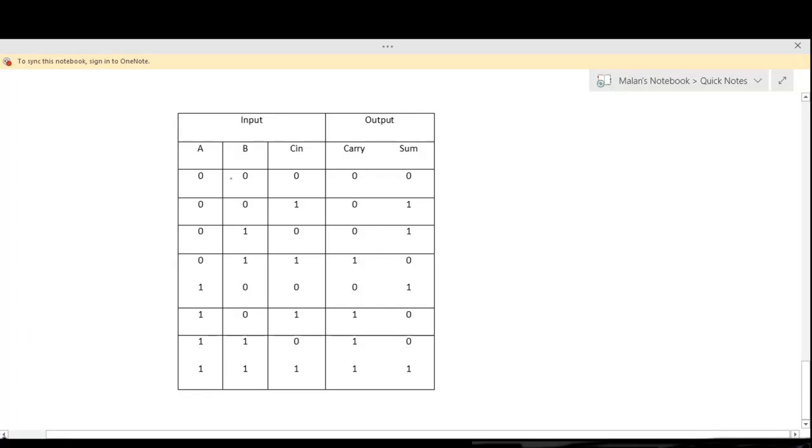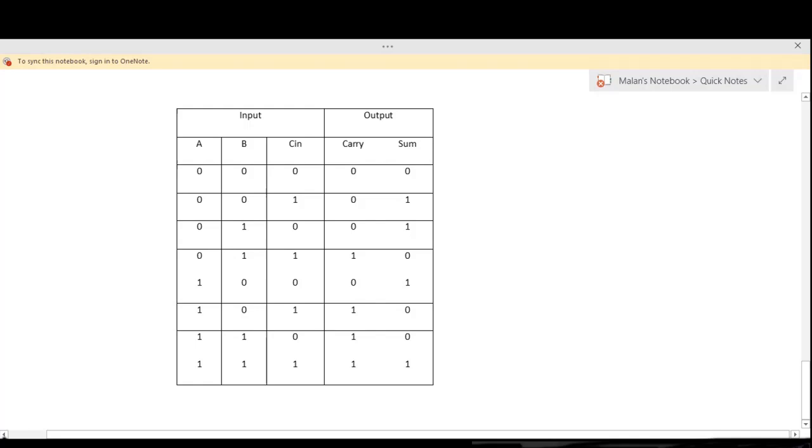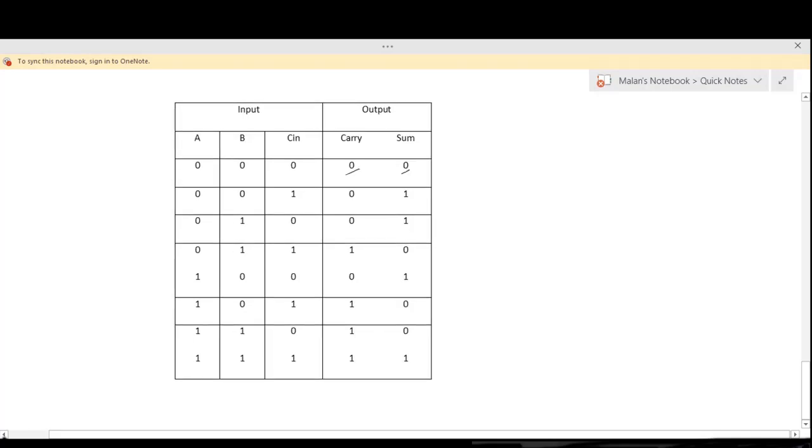when the inputs are 0, 0, 0, the full adder generates output sum as 0 and carry as 0. When input is 0, 0, 1, sum is 1, carry is 0. When input is 0, 1, 0, the sum is 1, carry is 0. When input is 0, 1, 1, sum is 0, carry is 1.